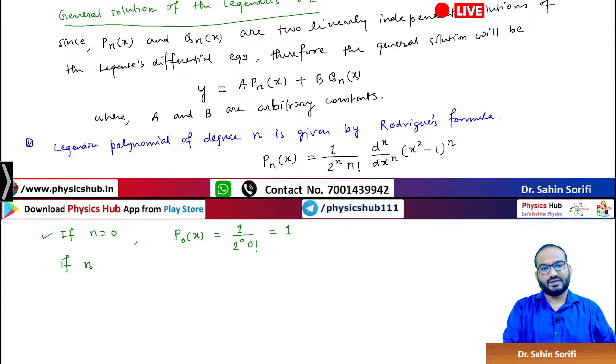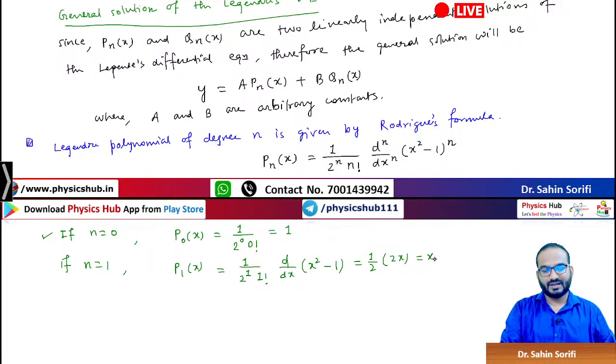If n equals to 1, what do you get? P1 of x equals 1 upon 2, d dx of (x square minus 1). I am just showing you how to evaluate it, but you should remember the result. So this is half times 2x, which equals x.